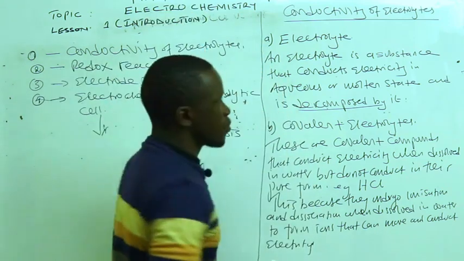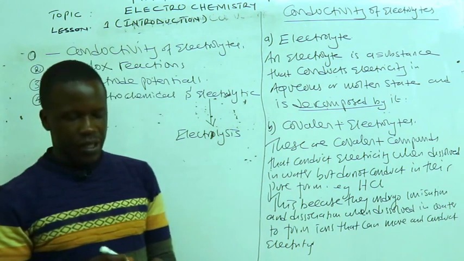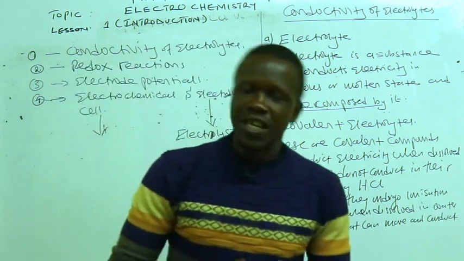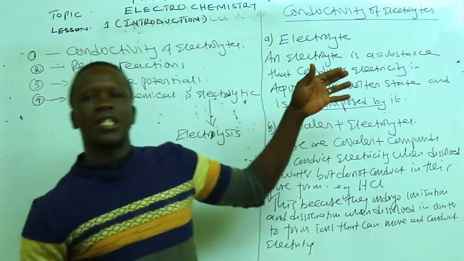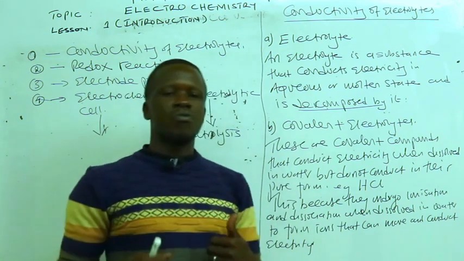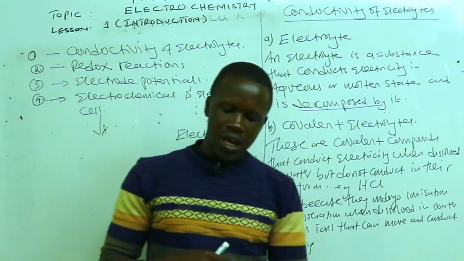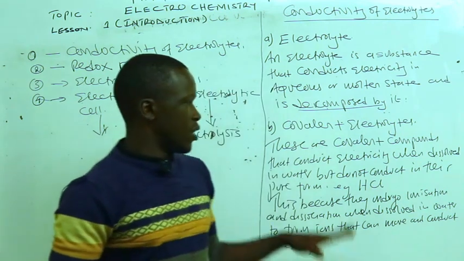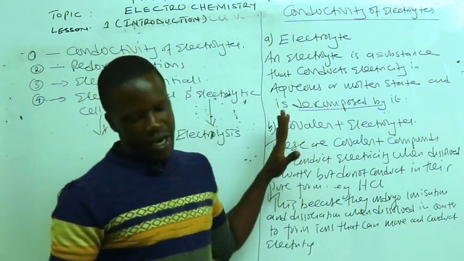So, in electrolytes, what conducts electricity are called the ions. That's why when in solid state and ions are very close to one another, not free to move, they will never conduct electricity. Now, this is one type of an electrolyte.